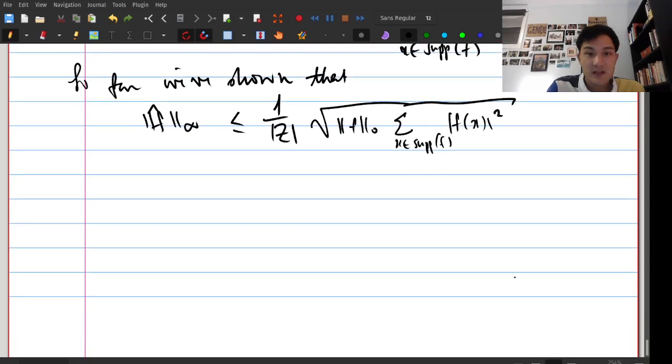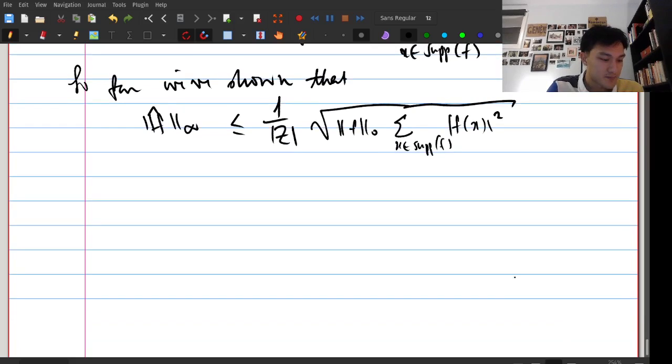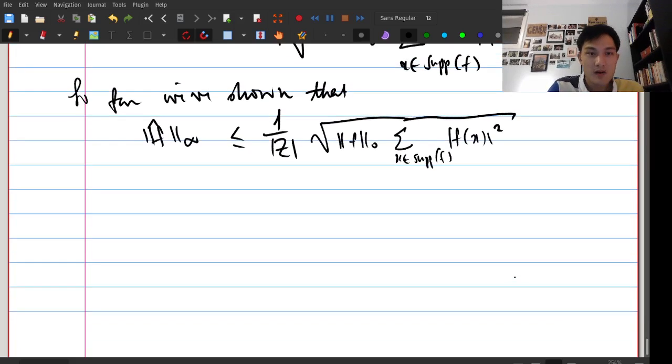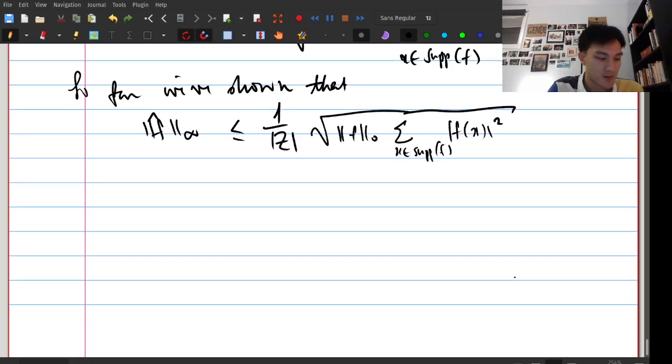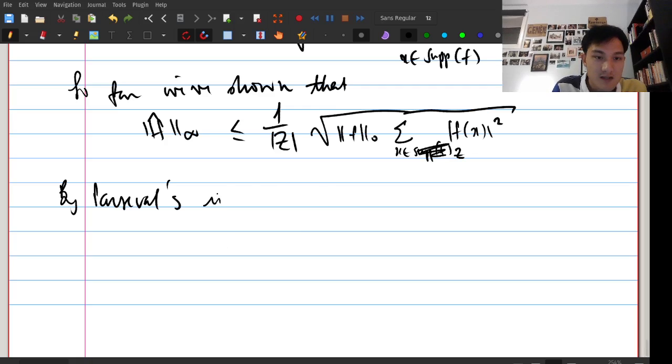Now we use Parseval's identity. We don't need to put the support of f here anymore; let's just put Z, it's the same thing.